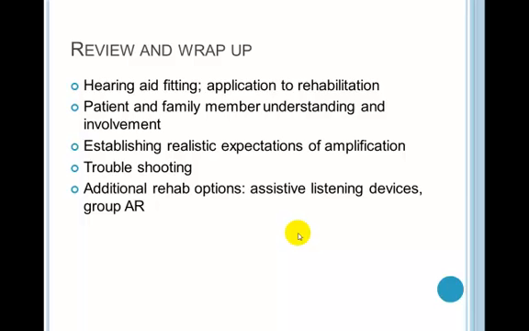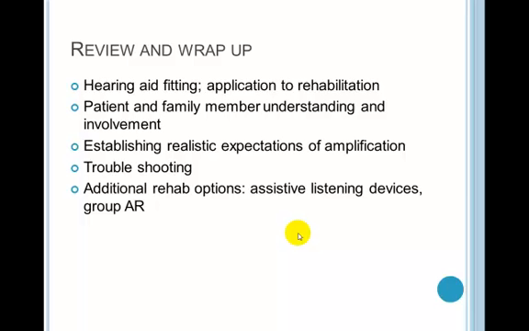All right, a review and a wrap up. We've talked about hearing aid fitting, and we've talked about its application to rehabilitation. We want the patient and family member understanding and involvement. This changes a little bit, but about 85 to 90% of successful amplification use is motivation. The patient is aware that they have a problem with their hearing, a hearing loss.